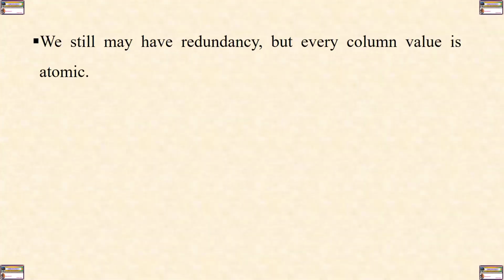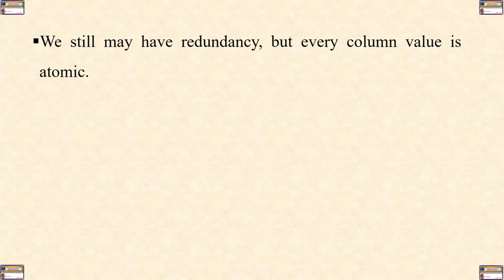So we see that after we have normalized our table to first normal form, we shall not have removed redundancy. What we shall have done is only one activity: to atomize our data. Atomize simply means ensuring that each field contains only one piece of data.